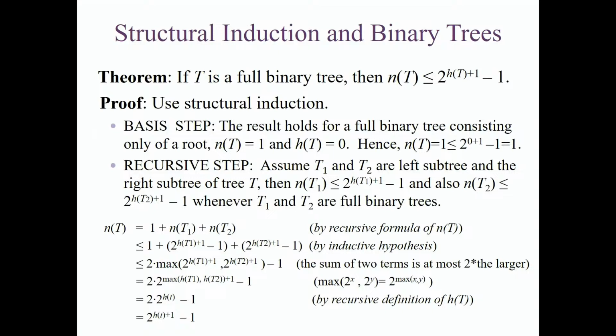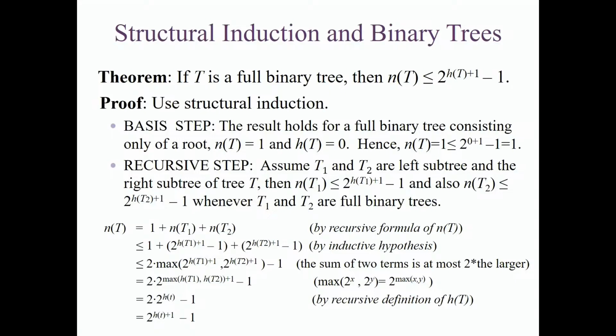Next, let's see the recursive step. Let's see what the inductive hypothesis is. Assume we have T1 and T2 as the left and right subtrees. They follow the properties because we use T1 and T2 to create new elements, new full binary trees, in the recursive step.